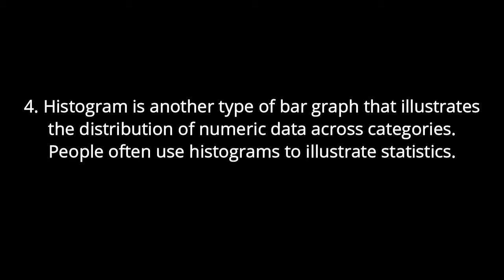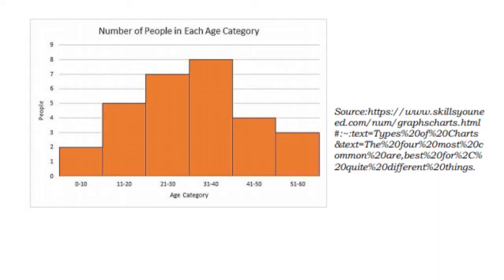Statisticians often use histograms to illustrate statistics. For example, a histogram might display how many people belong to a certain age range within a population. The height or the length of each bar in the histogram shows how many people are in each category.